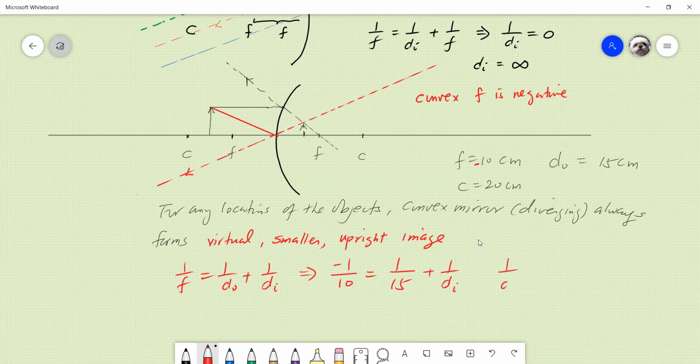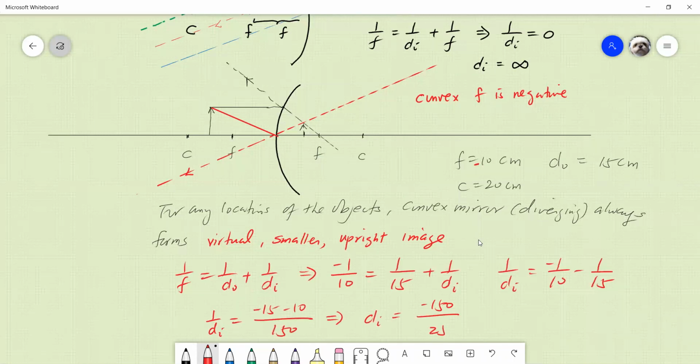So therefore, 1 over DI is equal to negative 1 over 10 minus 1 over 15. Am I right? Now that will be negative 15 minus 10 over 150. So DI will be negative 150 divided by 25, right?